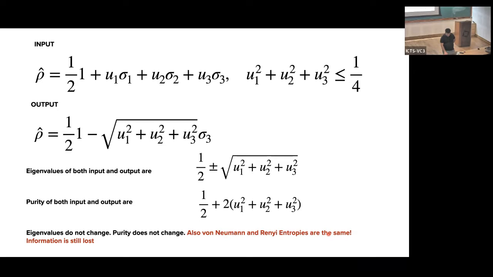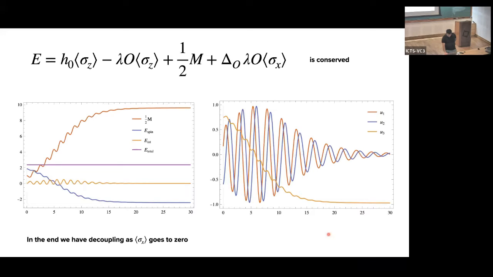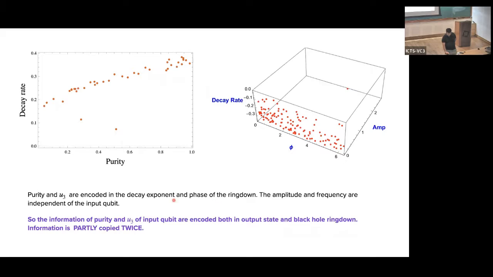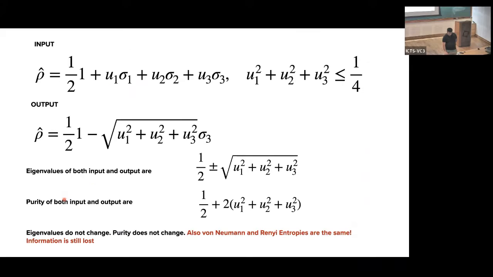No, U1, U2, U3 are real, of course. They cannot be complex. So what is happening here is something even more interesting: the purity and U3 are the two numbers that you can recover from here.